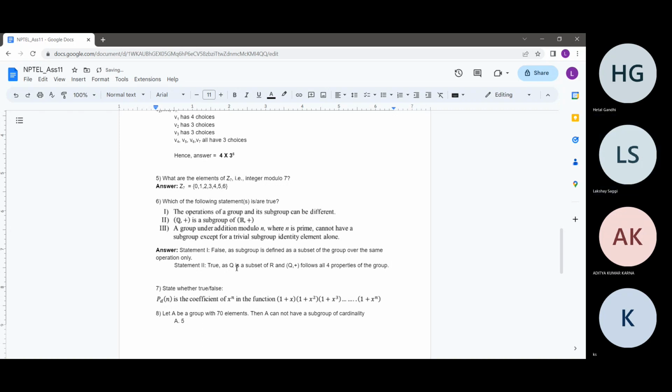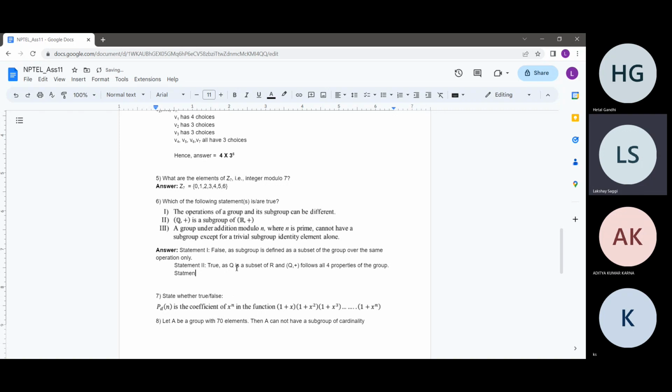So note that we checked three things for this statement to check whether it's a subgroup or not. We checked whether this follows all the four properties of the group. We also checked whether this is a subset of the actual group, so we checked whether rational numbers are a subset of real numbers.